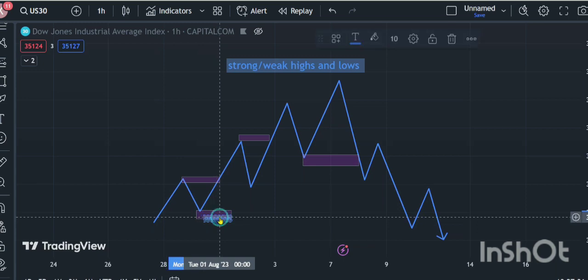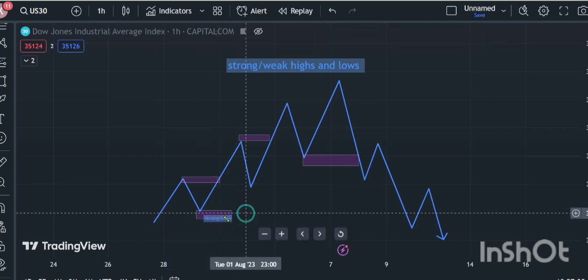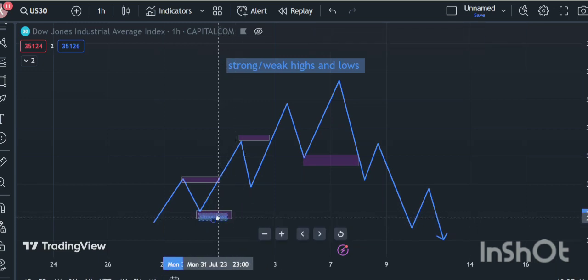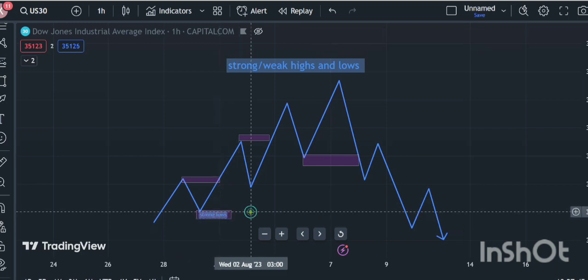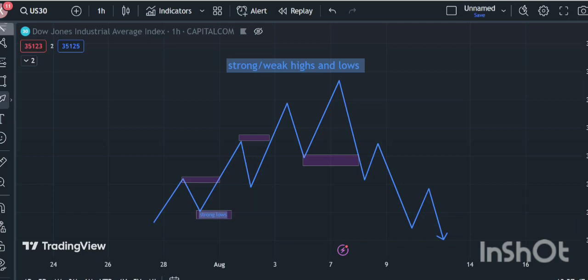Why do we call them strong lows? It's because they maintain, they never get broken. Whatever swing high or low that never gets broken is a stronger one. Okay, so that is the concept we're trying to bring out here.